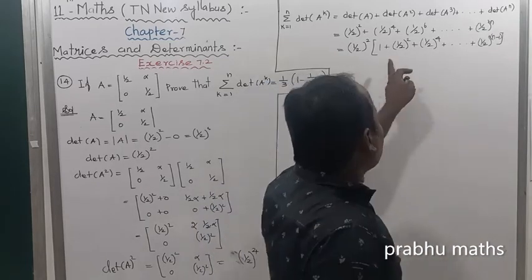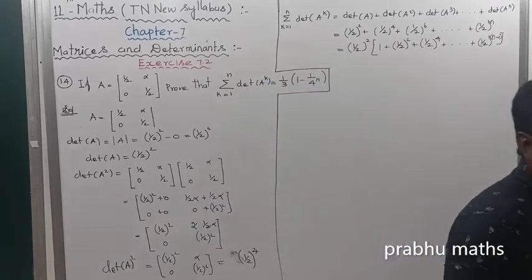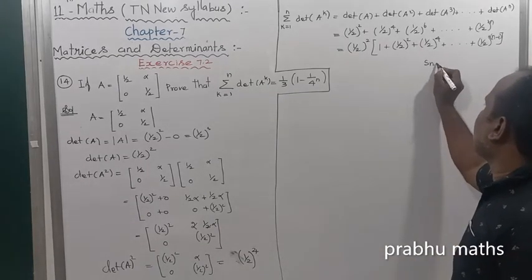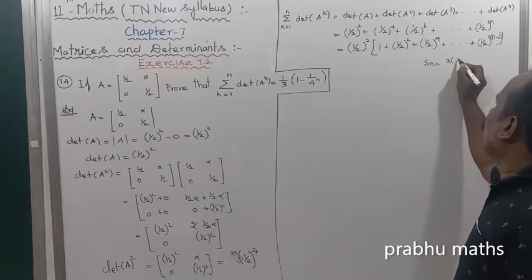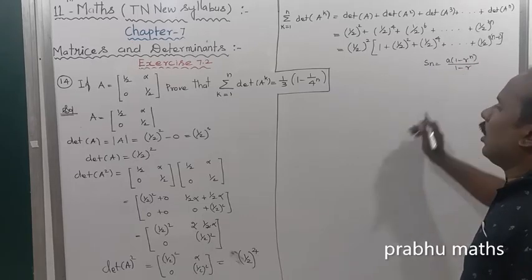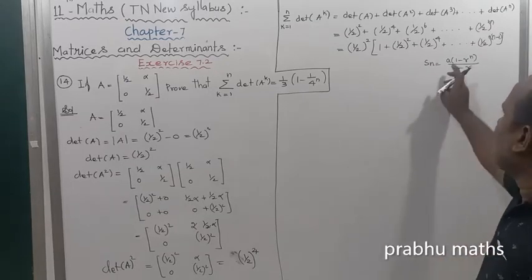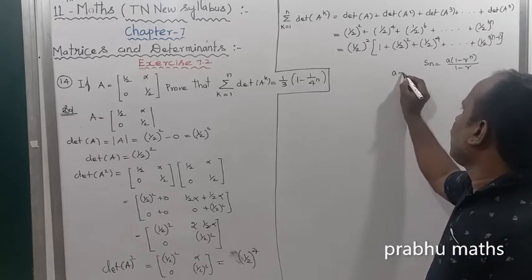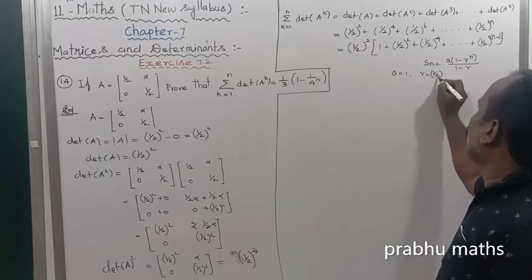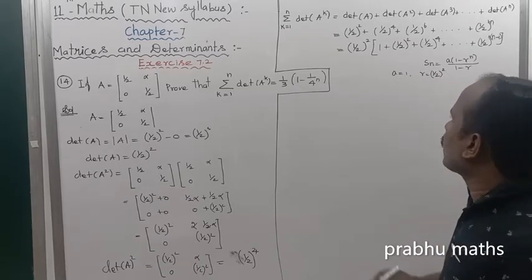Okay. For this series we use the GP Sn formula. Sn is equal to a into 1 minus r power n, whole divided by 1 minus r. r is the common ratio and a is the first value. Now a is equal to 1, r is equal to 1 by 2 the whole square.